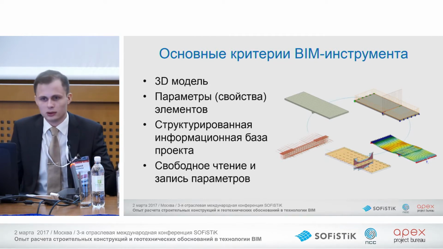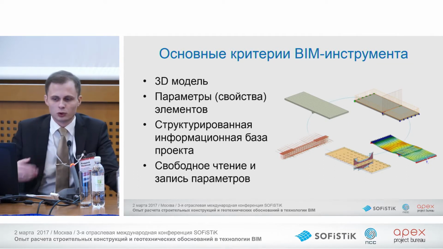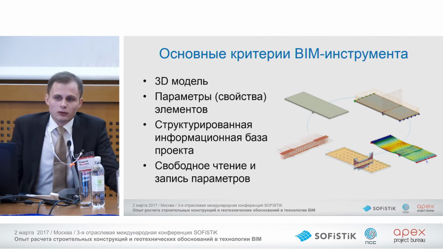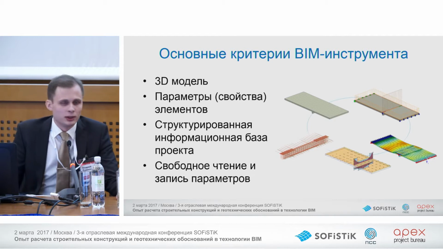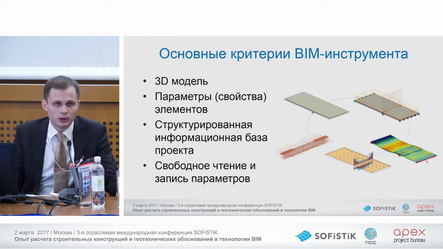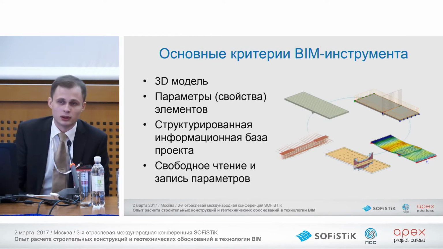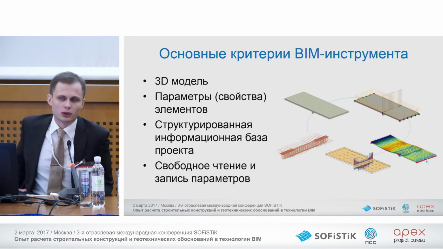In Revit, we have the model, but what about parameters? We can add it, we can read it, we can enter specifications. That's important. One more point is a structured information base of the project and the capability to read parameters and share them. If the product is self-centered, if it cannot share, if you cannot export, then the tool cannot be regarded a BIM tool.